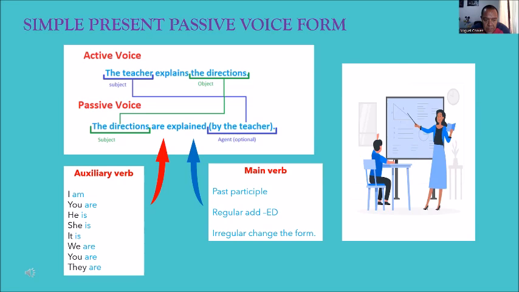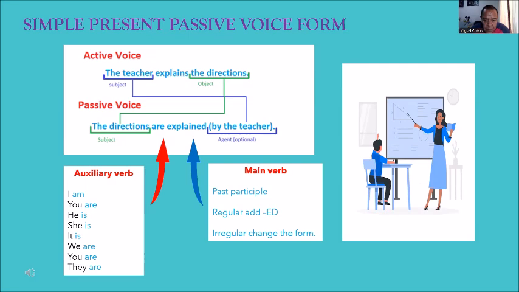Past participle. The main verb is changed to its past participle form. The past participle is formed by adding ed to the base form of regular verbs and changing the form for irregular ones. By plus agent is optional. The agent is the doer of the action.